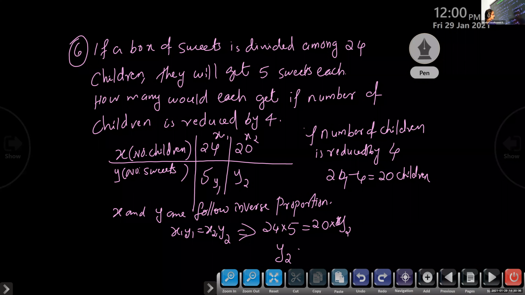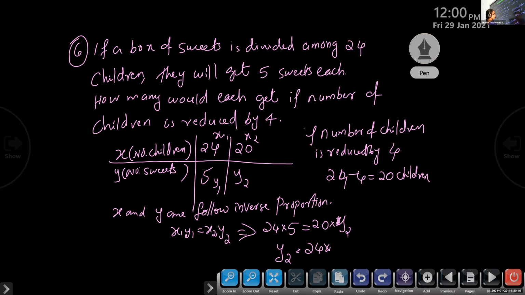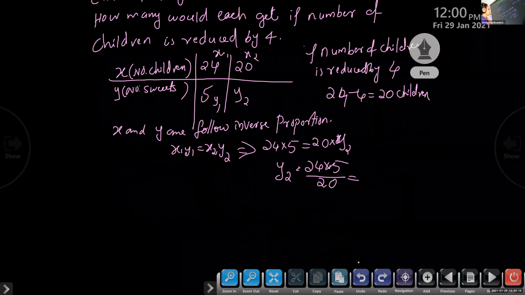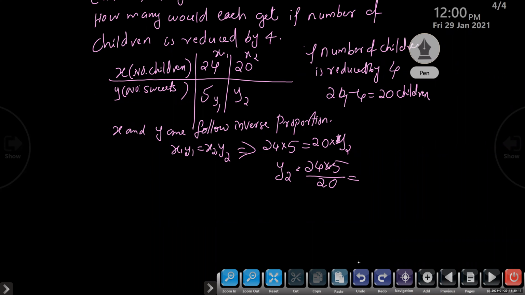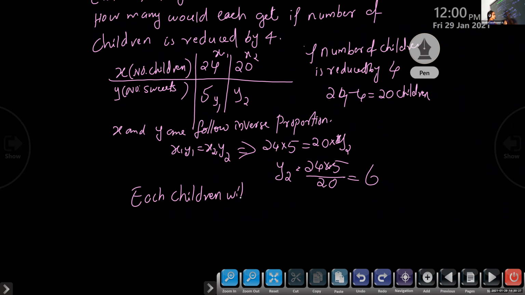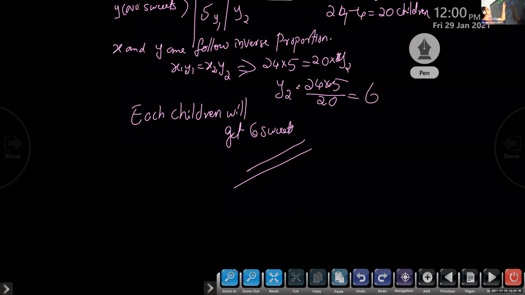So y2 equals 24 into 5 divided by 20, which is 6. So each child will get 6 sweets.